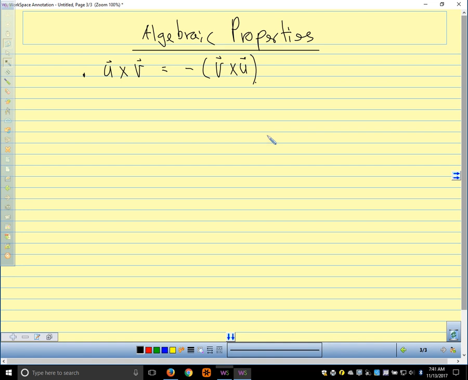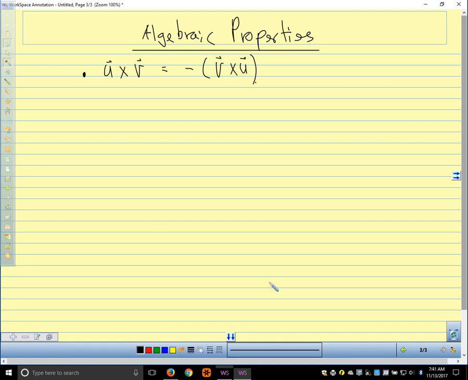So we say that the cross product is anti-commutative. The order that we do the cross product in matters, because we'll get a vector pointed in the opposite direction. It's the same magnitude.